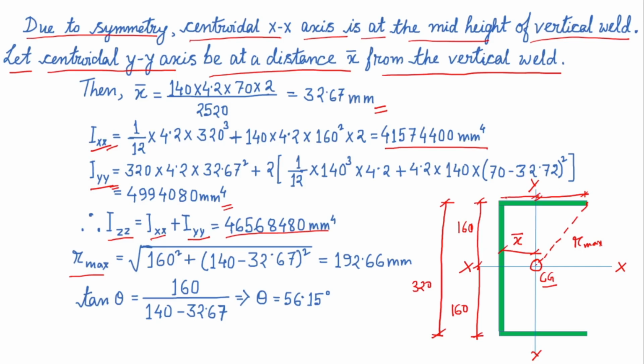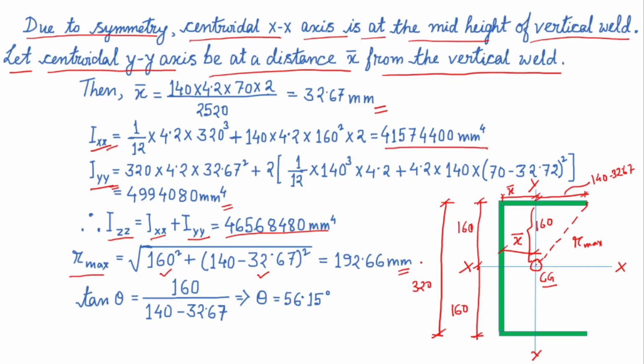This distance I know, this is x bar or 32.67. So this distance is 140 minus 32.67, and this vertical distance is 160. By using Pythagoras theorem, root over 160 square plus 140 minus 32.67 whole square, so R max is calculated as 192.66 mm.